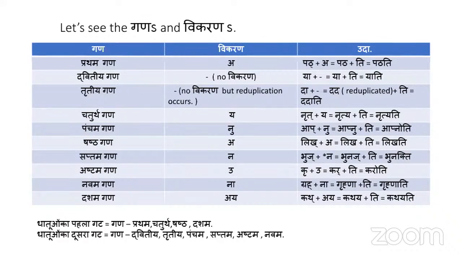Okay, so to this patha, we have to join a, the vikaran, to this patha root to make the form pathati. See here, patha, tha halanta is the basic root plus a is the vikaran. It forms the form patha, that means tha complete, is the anga of the root.